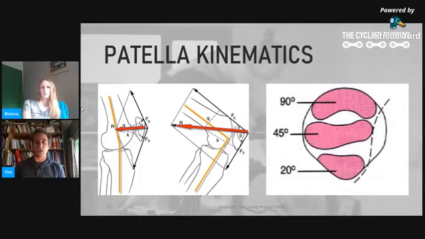So then again, it's looking at some of the kinematics. We're looking at the kneecap here, the patella, and it's appreciating where in certain joint angles that patella takes more of the loading forces. So this might be useful to think about with somebody who has maybe the beginnings of patellofemoral OA, arthritis.